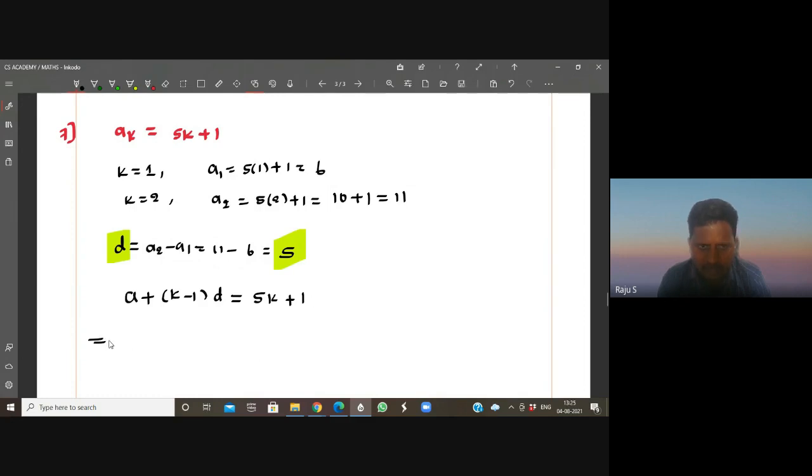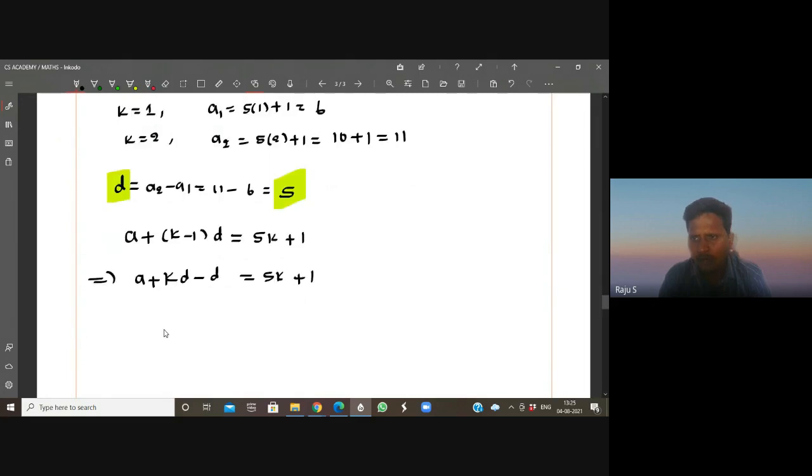Now a plus k into d minus d is equal to 5k plus 1. Now I want to compare both sides, so I write d into k plus a minus d is equal to 5k plus 1.